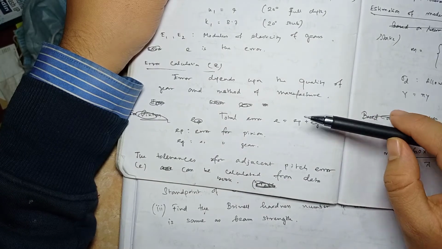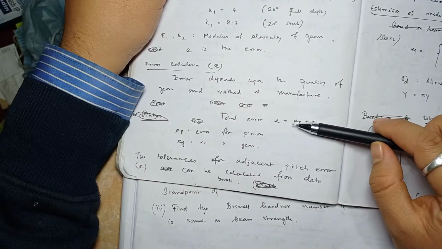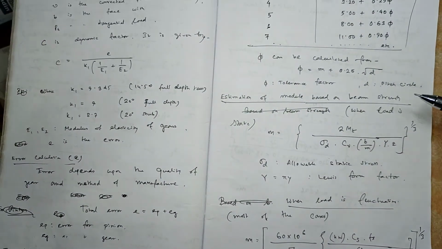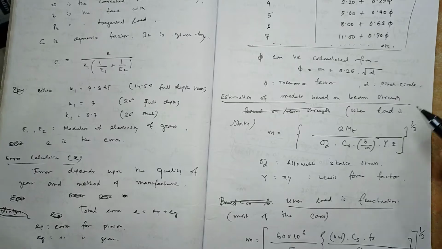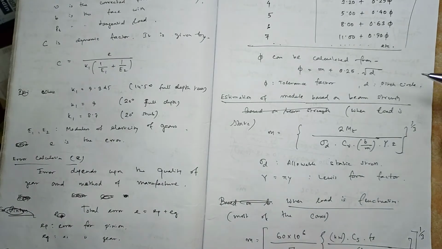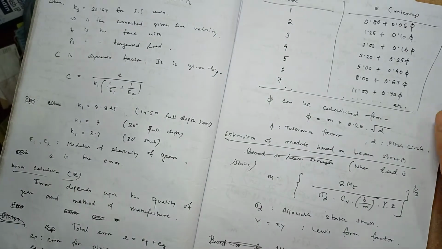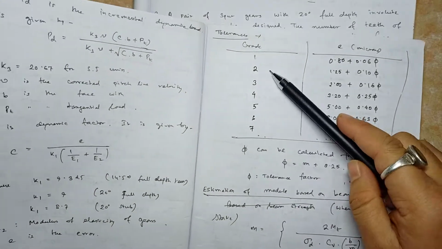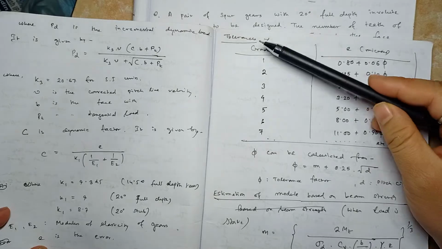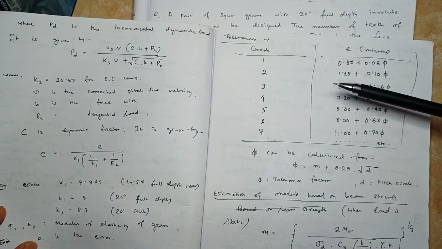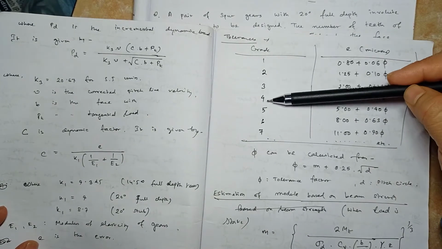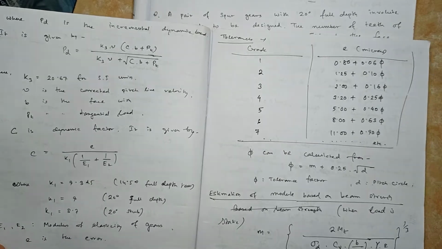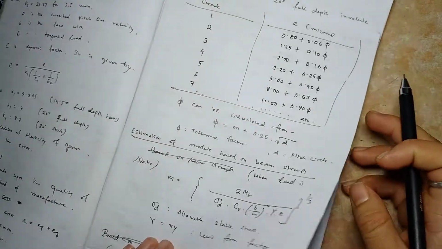And the formula to calculate this error e is different for different tolerance grades. So we have a tolerance grade table here: grade 1, grade 2, 3, 4, like that. Grade 9 is not included in this part, but grade 9 is here.